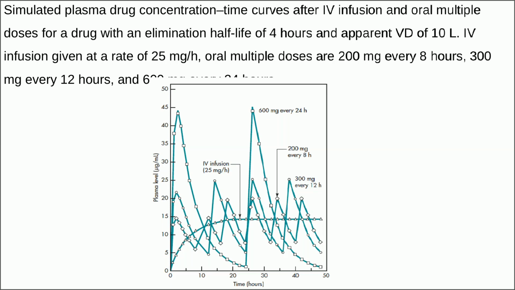They show the IV infusion given at a rate of 25 mg per hour, and the oral multiple doses of 200 mg every 8 hours, 300 mg every 12 hours and 600 mg every 24 hours. So this is how you can get a plasma level time curve when we are dealing with different dosage forms and different routes of administration.